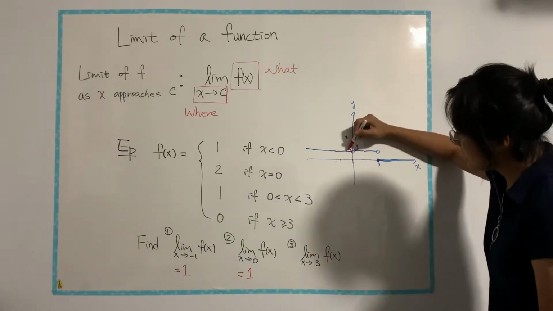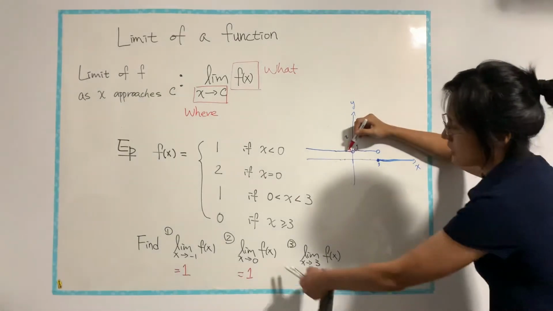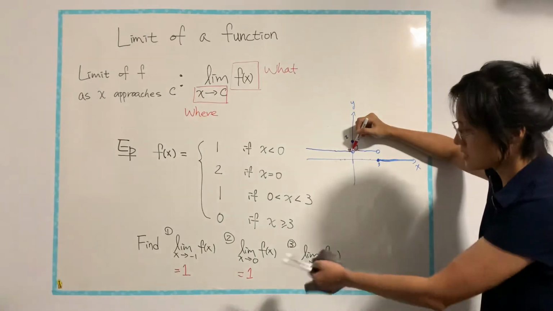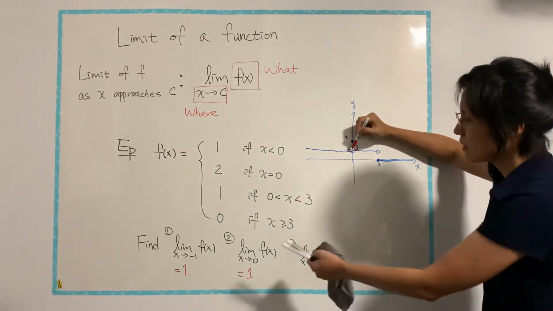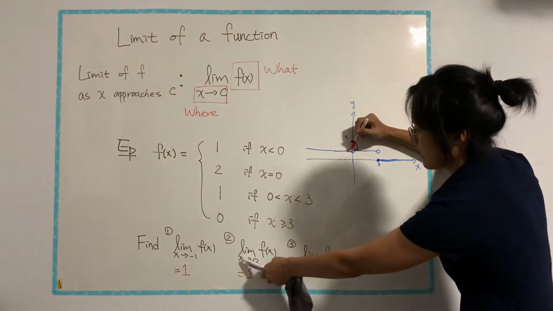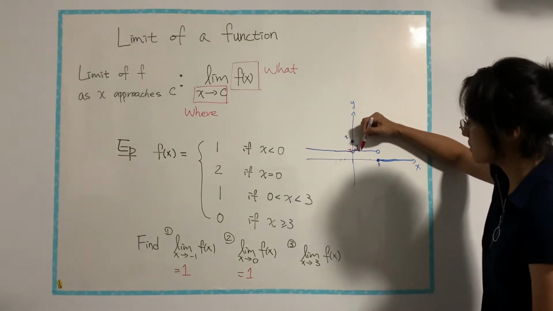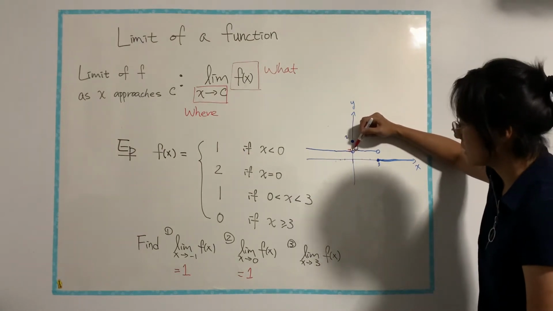The left hand side approaches 1 because all the output values of x give me 1. So as long as I have x approaching 0, I get 1 from the left. And as long as I have x approaching 0 from the right, I get 1.